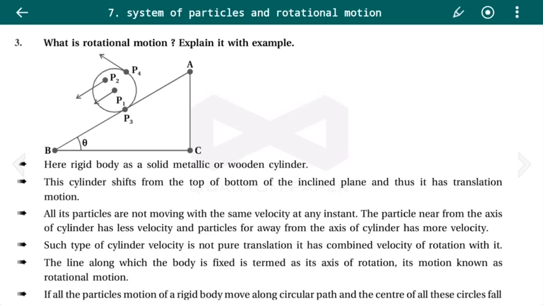The particle near to the axis of rotation will be having less velocity, and the particle far away from the axis of rotation will be having greater velocity. So this is the main difference between translational motion and rotational motion.